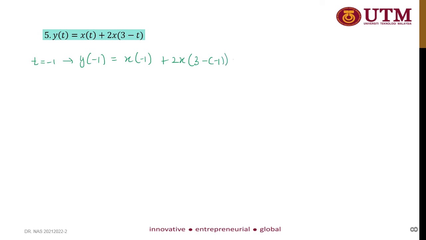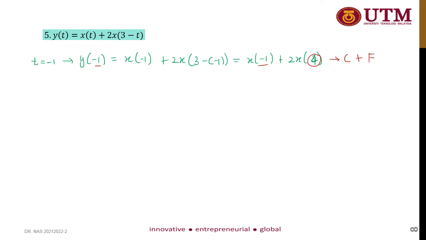So this is equal to x(-1) plus 2x(3 plus 1), equal to x(4). Okay, let's check the states. The current state is -1, but here you have 4. So it is a future value.